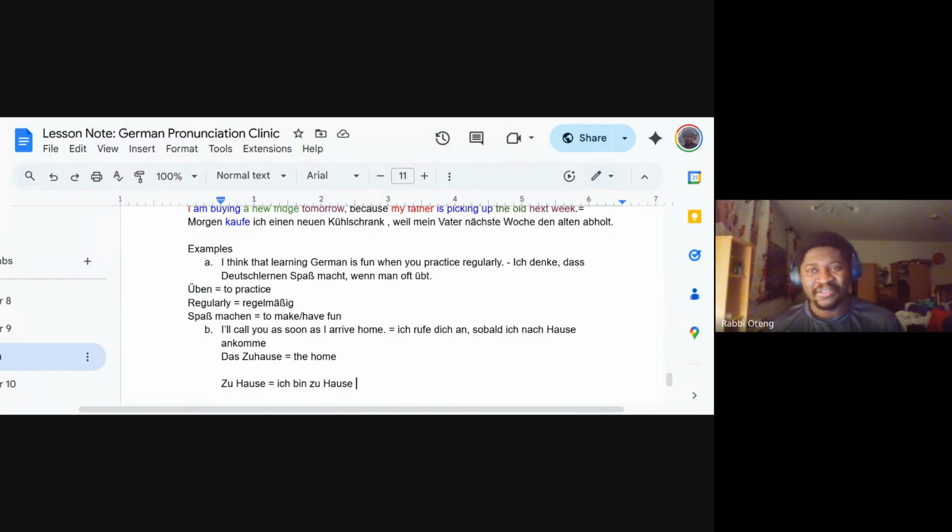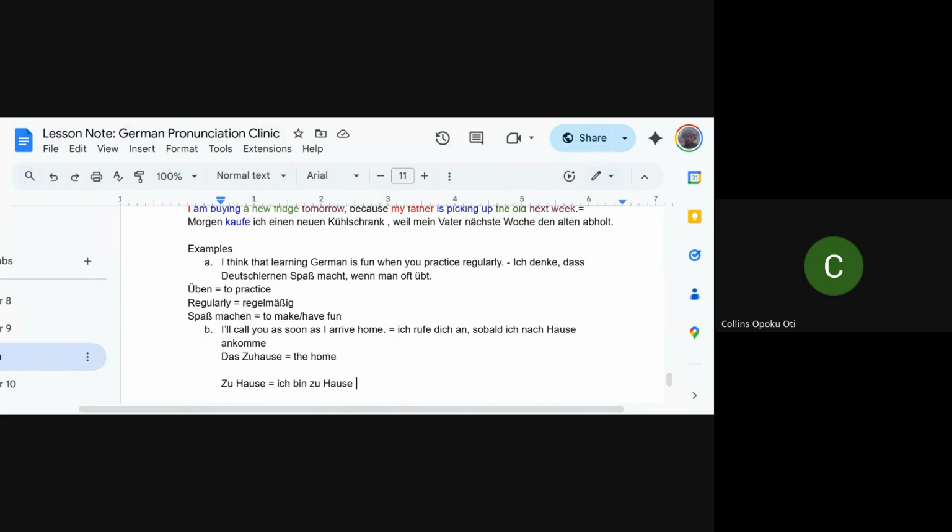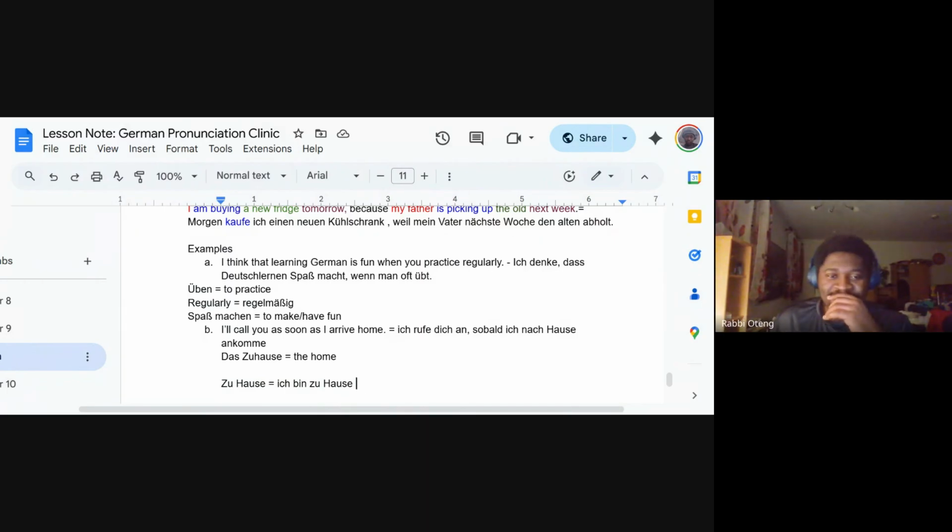Okay, still my house, so not home. But then this to house, just stick to the to house. Next to house, yeah. So the "Suhause" is for at home. Then that's "Suhause" is the home.